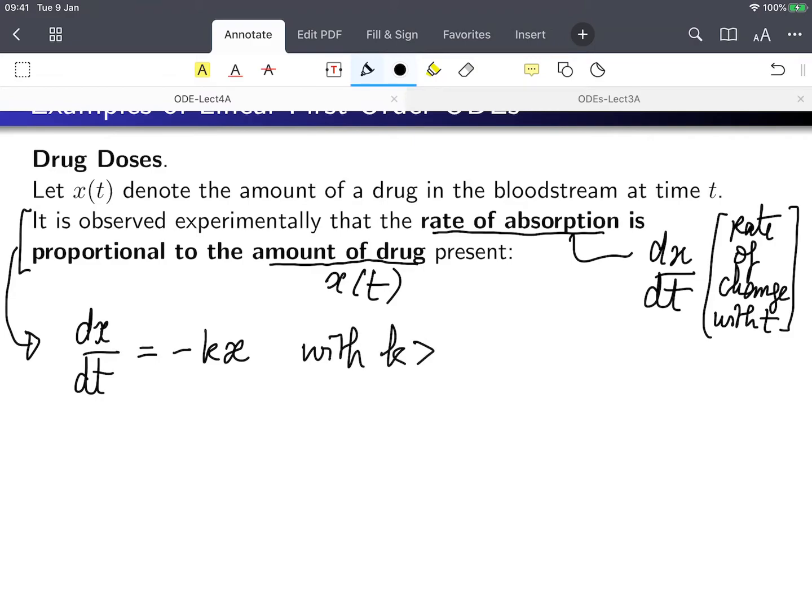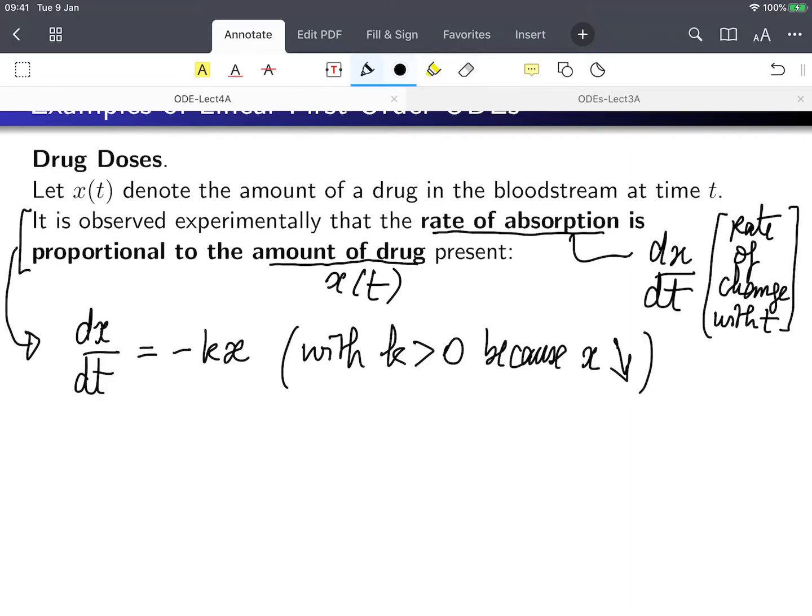I'm writing it as minus k so I can take k positive, because you expect the amount of drug to decrease in the bloodstream as it is absorbed by the body. If it's decreasing, the derivative must be negative.